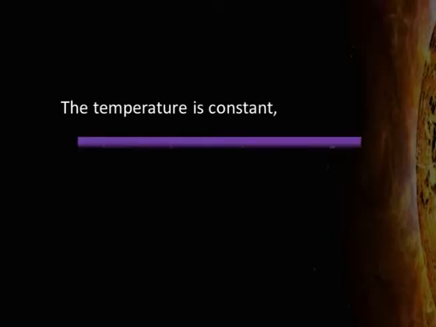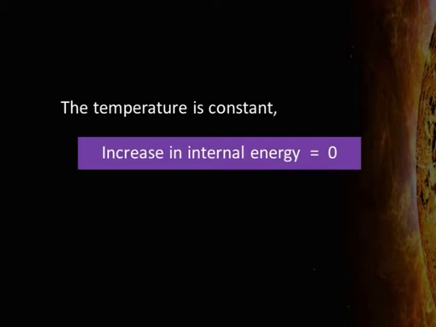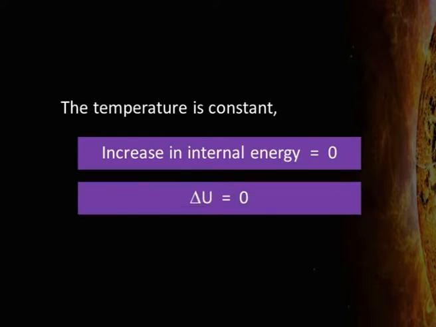Consider isothermal expansion of a gas at external pressure 0, or we can say isothermal expansion of a gas in vacuum. Here the temperature is constant, hence the increase in internal energy will be equal to 0, that is delta U equals 0. As there is no opposing force, or we can say as external pressure is 0, there will be no work done on the gas.